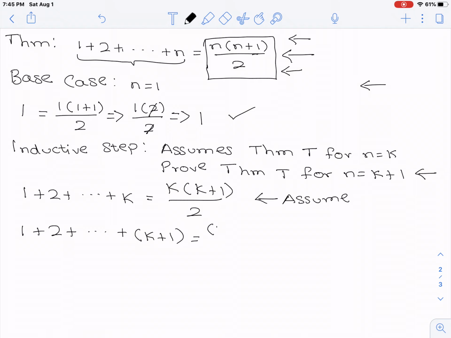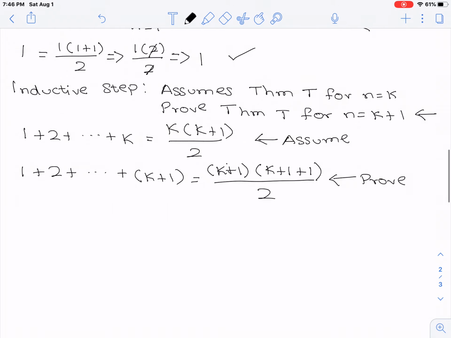Is equal to k plus 1. We substitute k plus 1 for n, and k plus 1 over 2. So I just substituted k plus 1 for our n here. So this is our assumption, and this we have to prove.